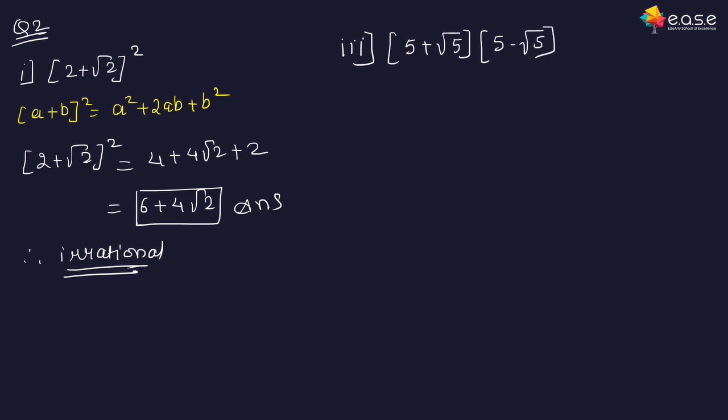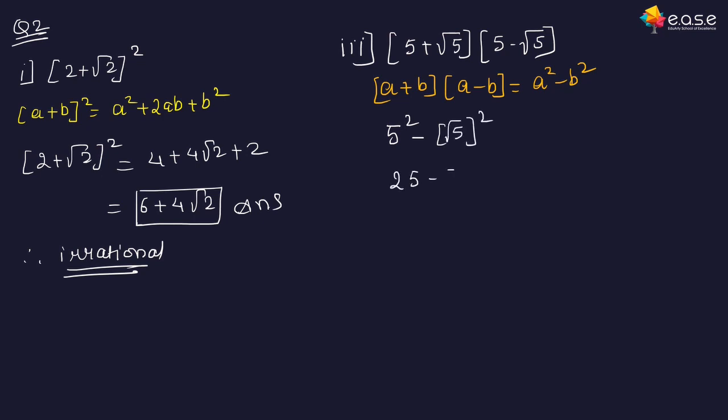Now which formula are we using here? a plus b into a minus b, that's equal to a square minus b square. That means this is equal to 5 square minus root 5 the whole square. 5 square is 25, root 5 squared is 5, your answer is 20. Final answer, this is rational.